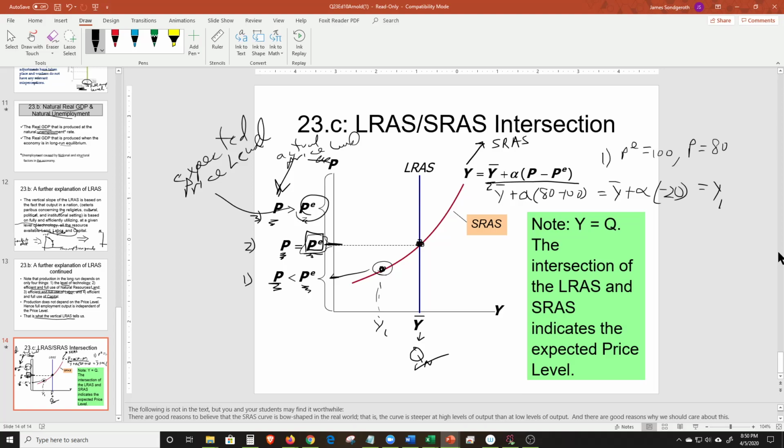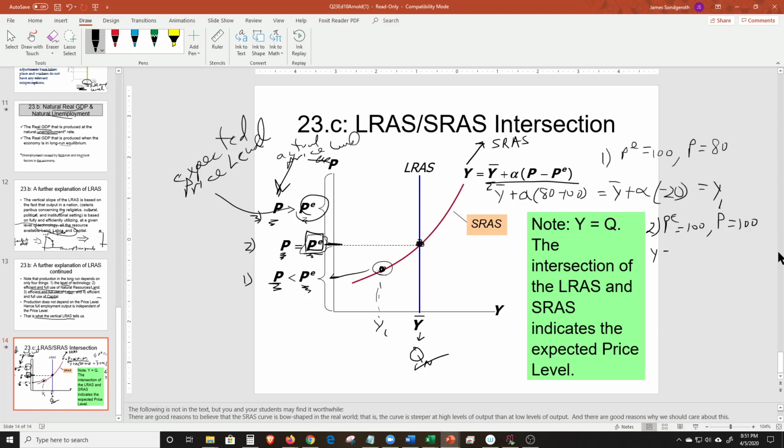Now, in case 2, let's just do this. We have the expected price level equals 100, and the actual price level equals 100.